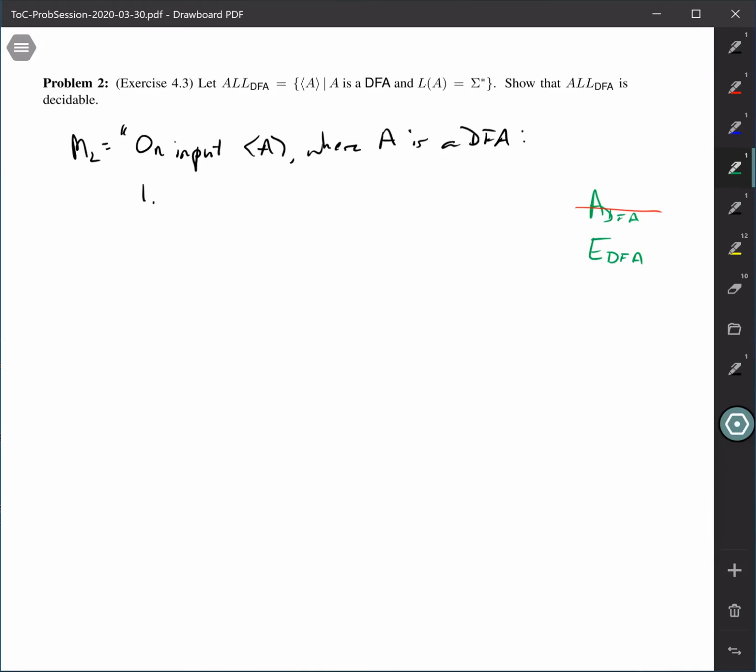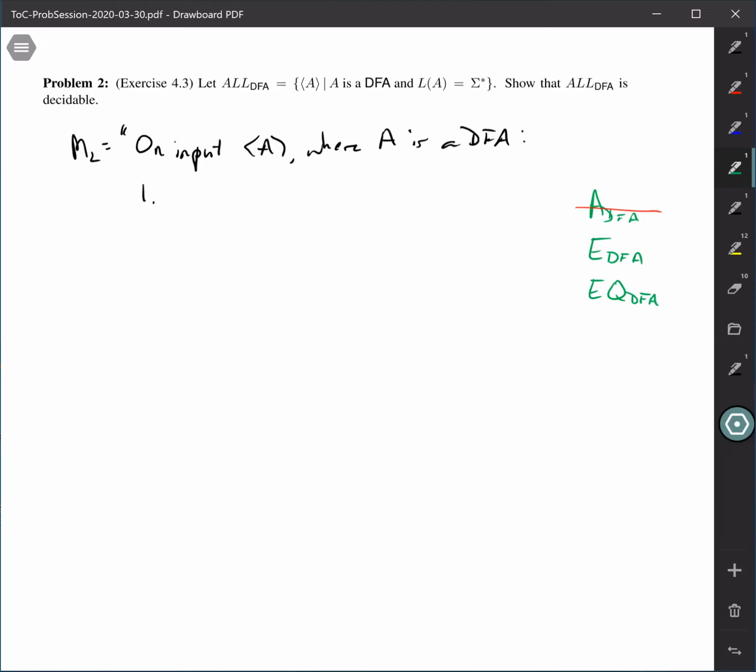Let me go ahead and, for completeness, put in the last language, and that's what we used in the last problem. EQ DFA was a question about two different DFAs. And again, it's a question about a language as a whole, right?